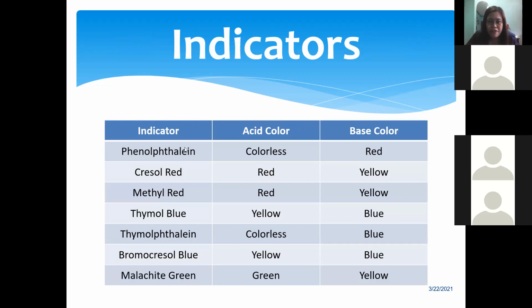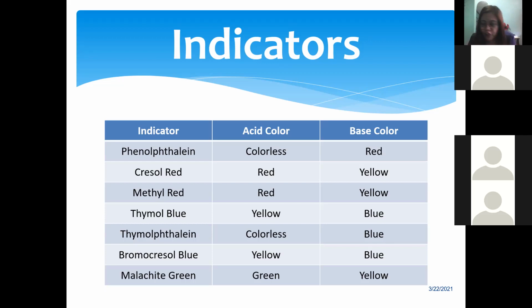For example, we have phenolphthalein. In an acidic solution, it is colorless. For example, if you mix phenolphthalein with hydrochloric acid, it has no color. But if you put phenolphthalein in a basic substance, its color is red or pink. It can be pink or red. So it assumes a different color.